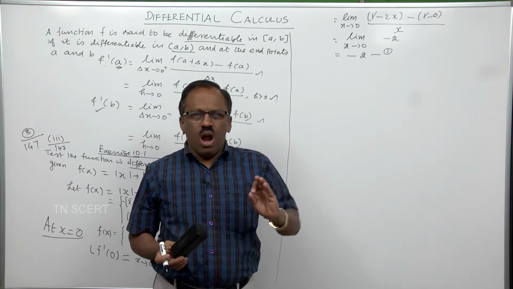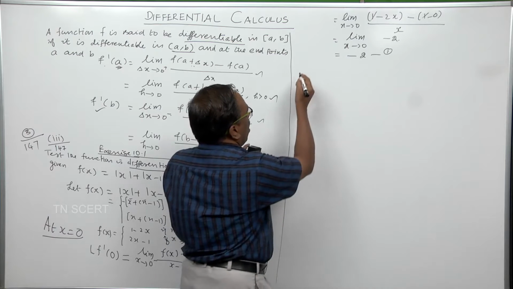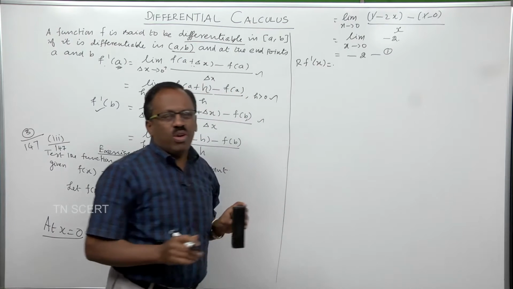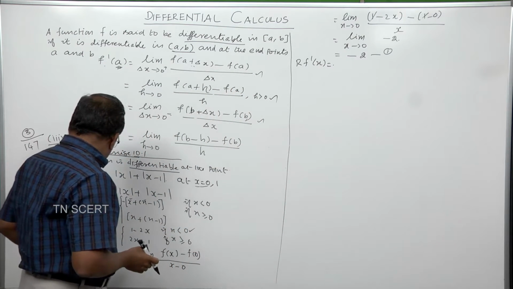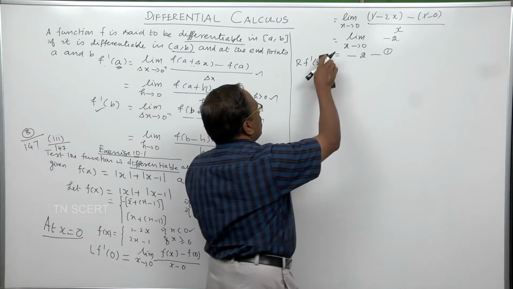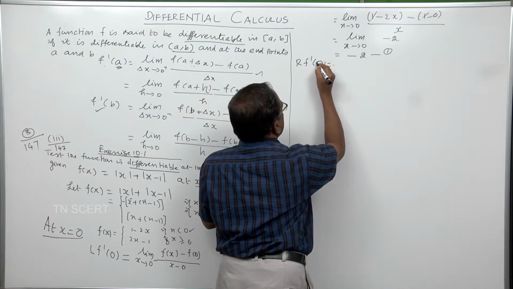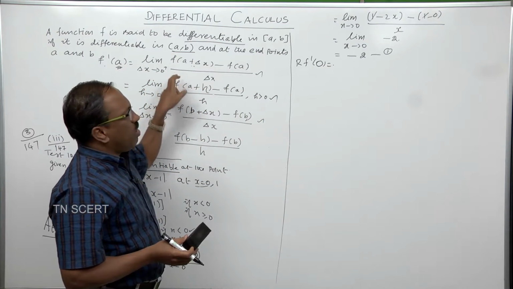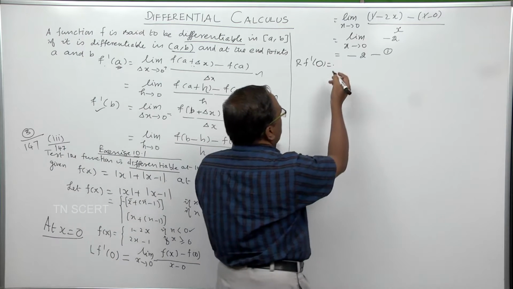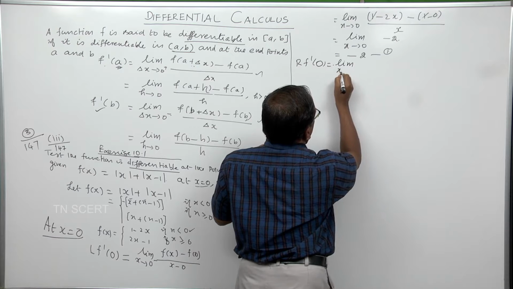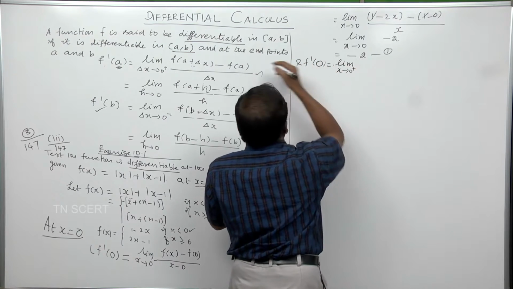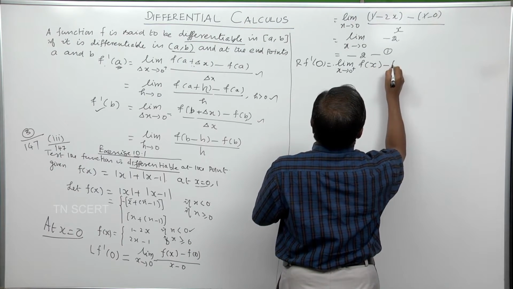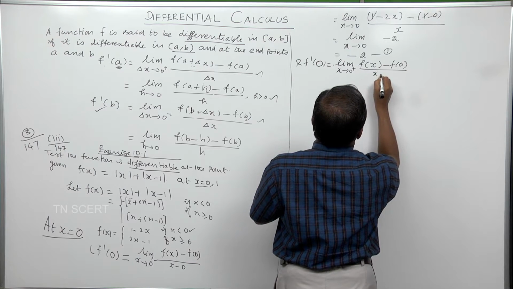And for the right limit, I take R of f dash of 0, at x equal to 0. Now we have to carry over the definition: limit x tends to 0 plus of f of x minus f of 0 divided by x minus 0.